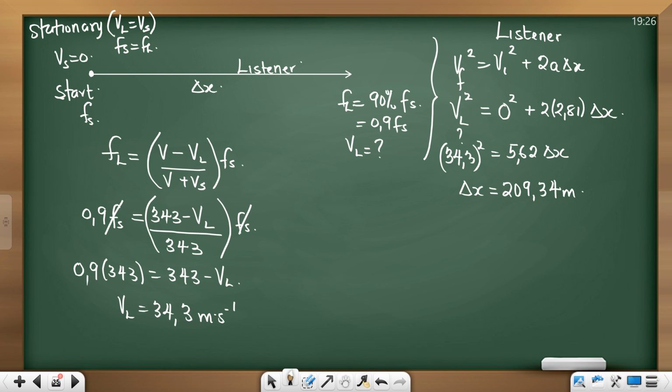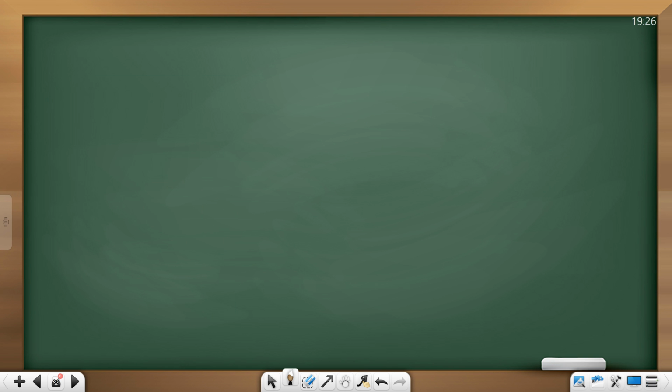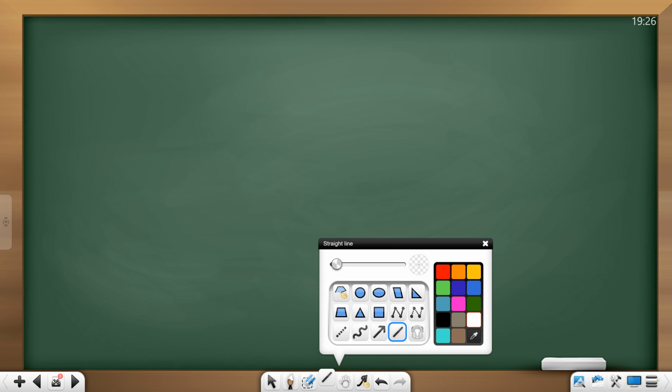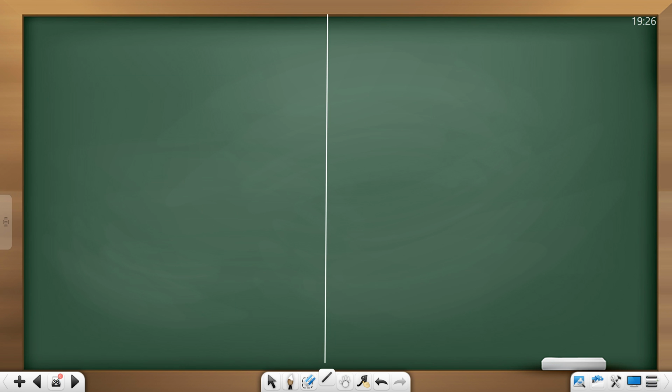Let me quickly talk about graphs of this Doppler. Can I look at graphs quickly? All right. There are two graphs, two different things I want to quickly look at here, guys. Number one, let's look at constant speed.